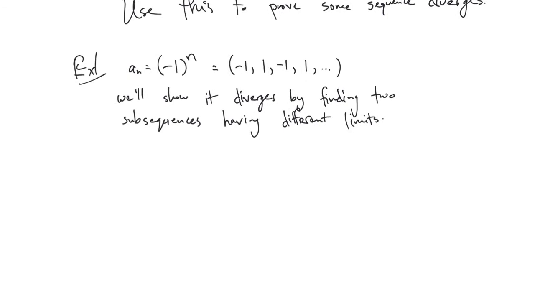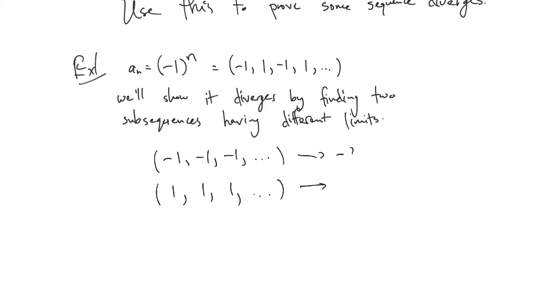And it's not so difficult to find two subsequences having two different limits. Anybody think you can find two subsequences which have two different limits? Yeah, so one would be this: just take all the minus ones. And one would be this: take all the plus ones. These are both subsequences. Do they converge? Yes. This one converges to minus 1.